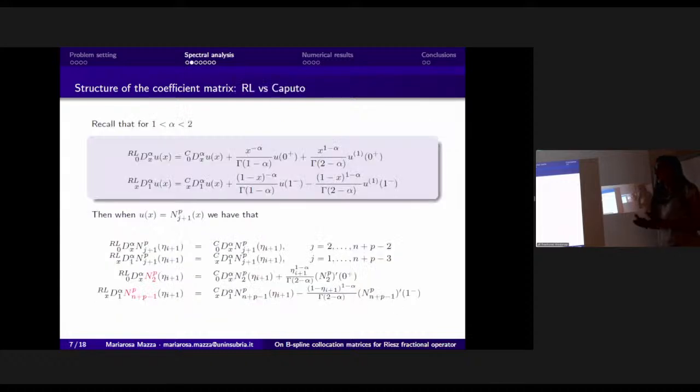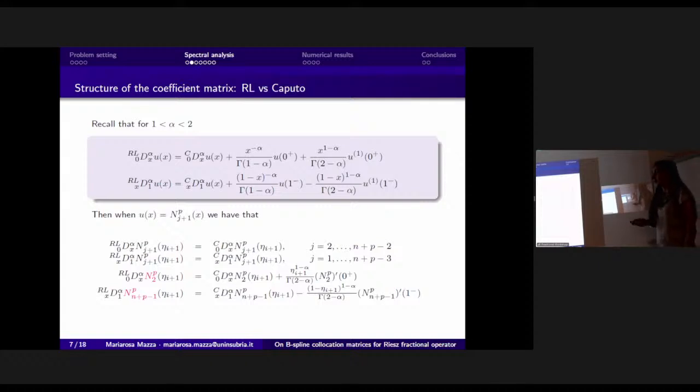Okay, to this point, I haven't specified whether we are going for Riemann-Liouville or Caputo definitions, formulation for the fractional derivatives. So let's see what happens to the structure if we go for one or the other. Let's quickly recall the relation that I showed before for the case we are interested in, alpha that ranges from 1 to 2.